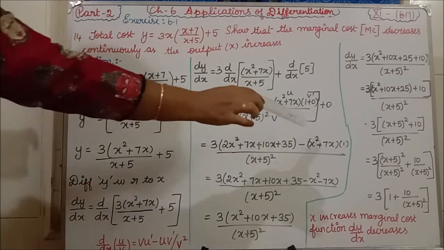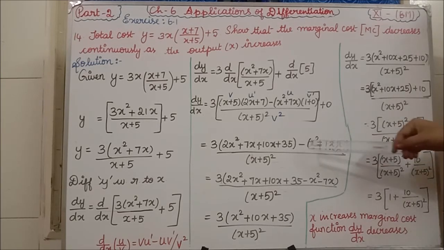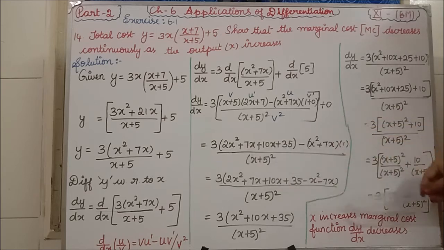I am taking that minus inside. So what will we get? Minus x square minus 7x. Because x square plus 7x into 1 is x square plus 7x. So I am taking this minus inside. Minus x square, minus into plus is minus 7x, divided by x plus 5 the whole square.